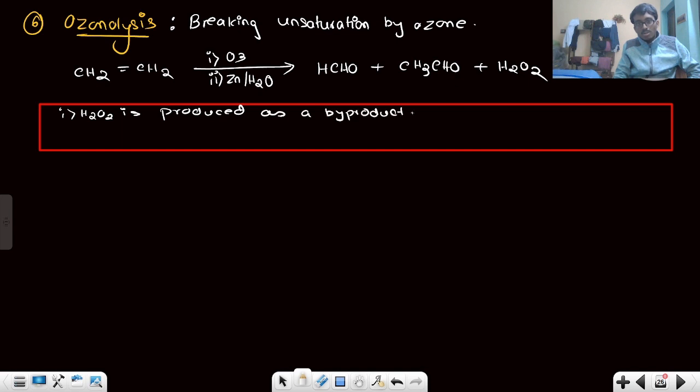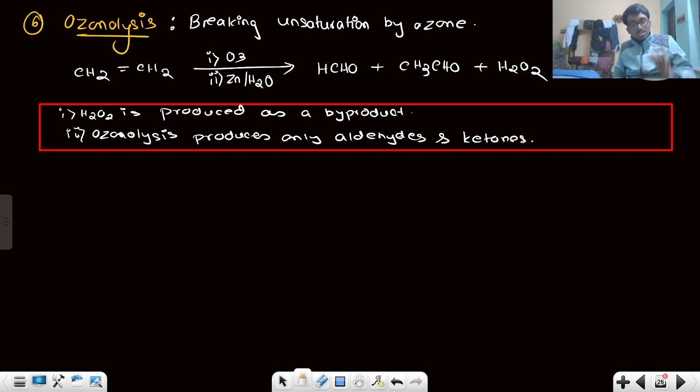Second, ozonolysis produces only aldehyde, or aldehyde and ketone. So ozonolysis will give you only aldehyde and ketone, nothing else.